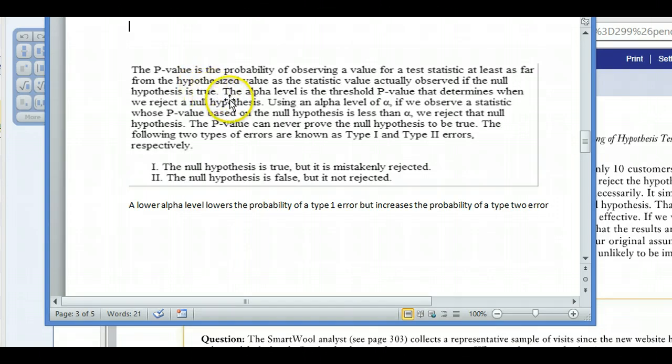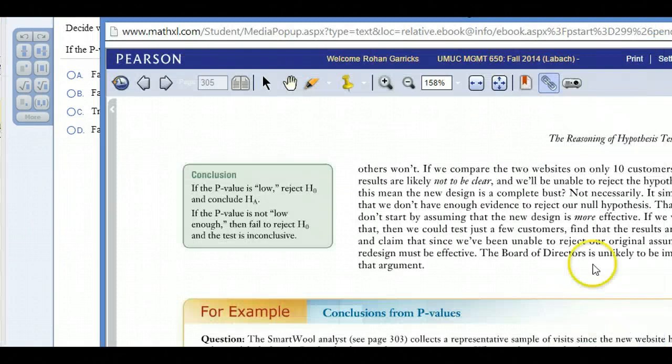And the alpha level is a threshold for the p-value that determines when we reject a null hypothesis. So if that probability is too low, then we are saying the data we have is not supporting the result. So we are going to reject the null hypothesis. So it takes a little concentrating to get it. But once you figure out that a low p-value results in a rejection of the null hypothesis, you will sort of be able to wrap your head around it.